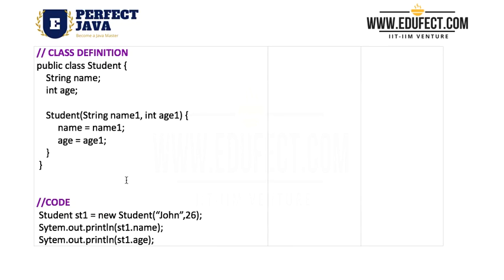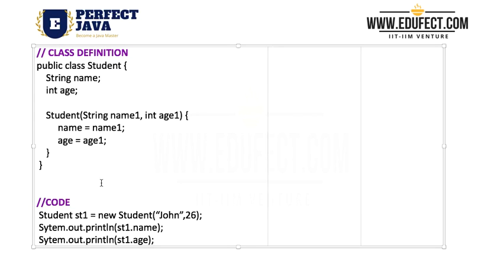In this case, how would we run it? Suppose we had said student st1 is equal to new student John, 26, the code we had already studied earlier. This would have worked fine because it would have called this constructor, as the parameters are matching. It's taking a string and an int, which is a string and an int.